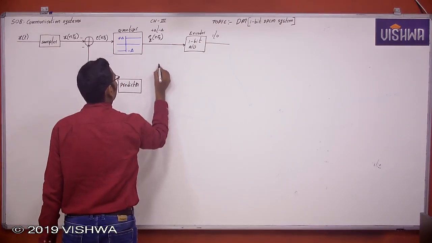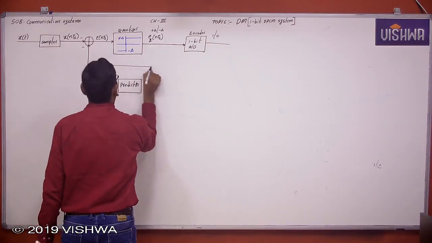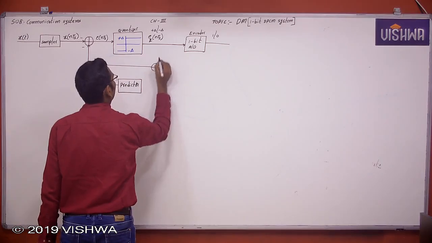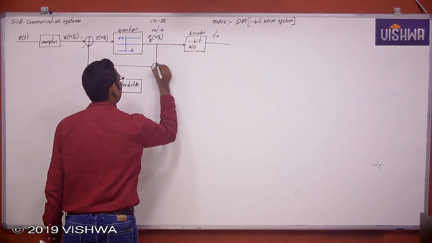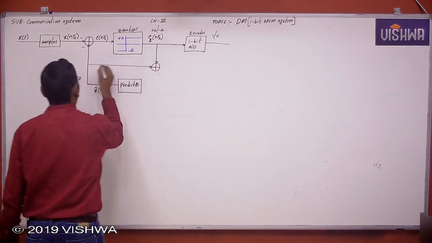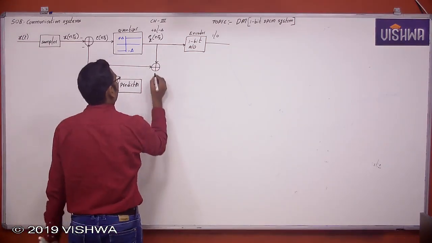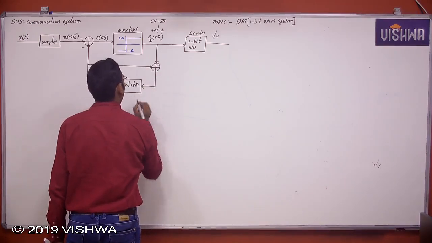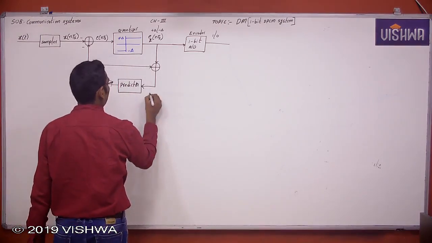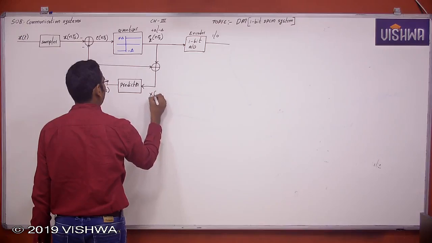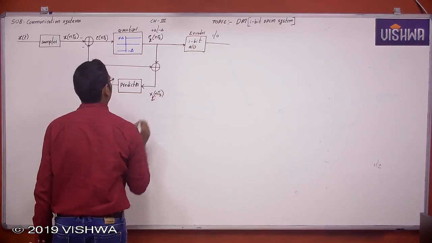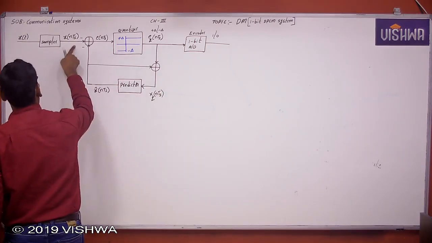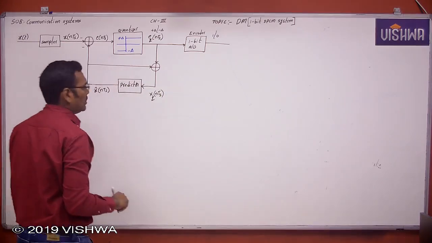Now this predicted signal is added to the quantized error signal, which is the predictor output. Now these two are added, which is applied to the predictor. This is the input to the prediction filter, xq of nTs. And we already know that xq of nTs is nothing but the original sample value with some quantization error.